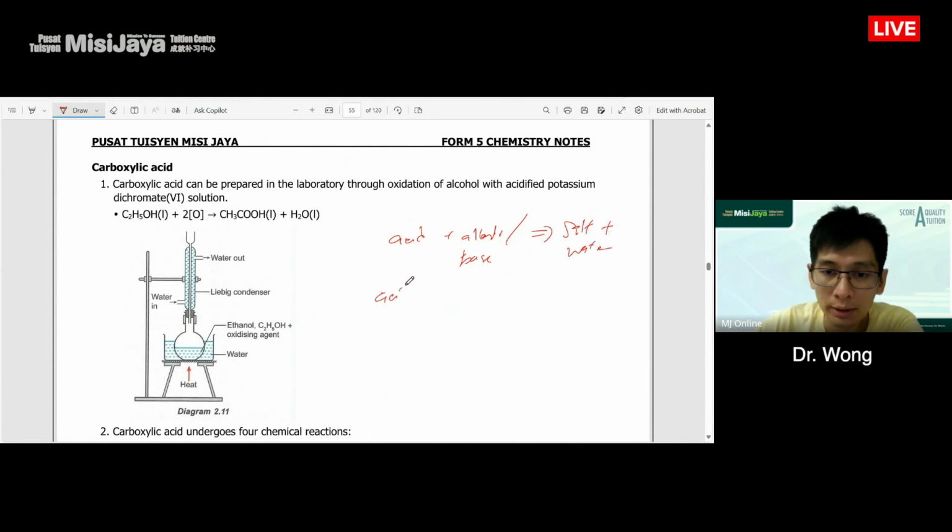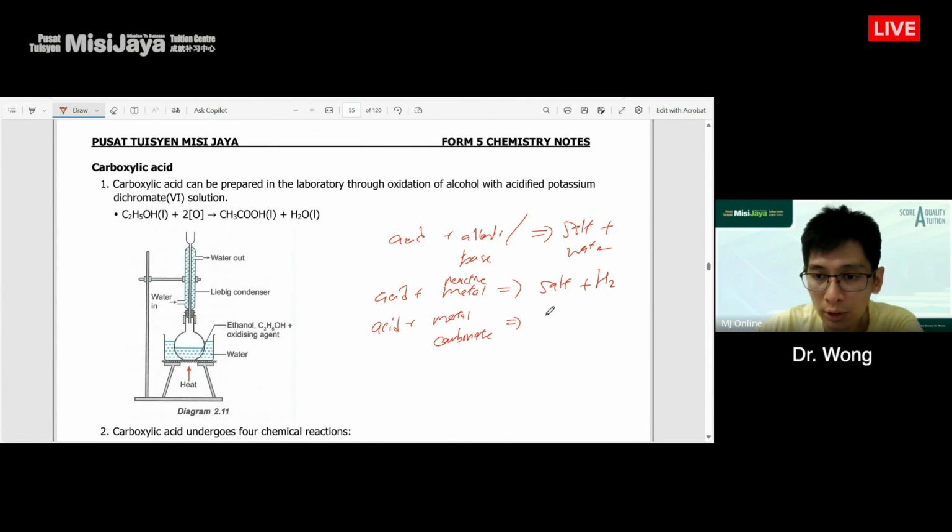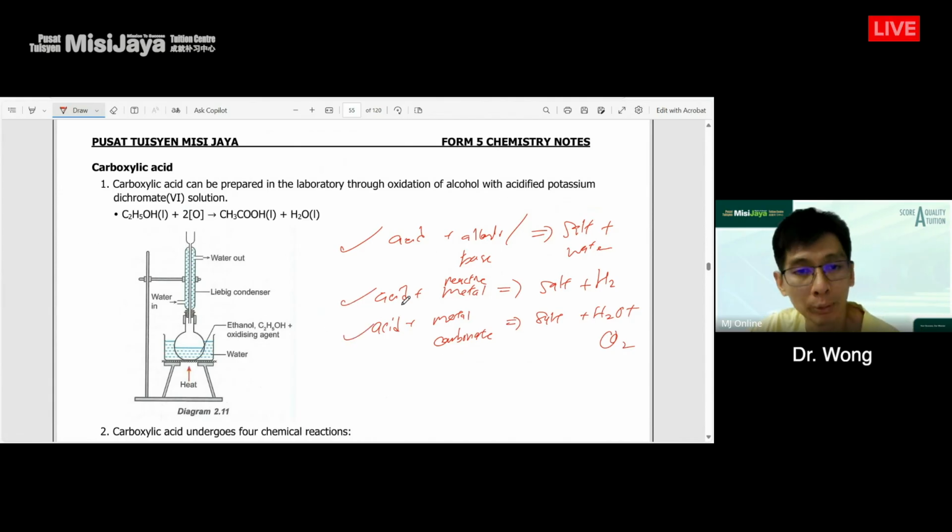When acid reacts with a reactive metal, it will form salt plus hydrogen gas. When acid reacts with a metal carbonate, it will form what? Salt plus water plus carbon dioxide. So all this will also happen for carboxylic acid.